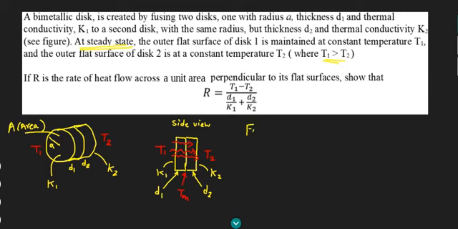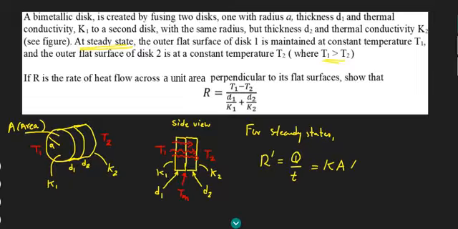For steady state situations, the heat conduction equation can be written as, let's say the rate of heat flow, let me call that R prime, equals heat divided by time, this lowercase t is for time, equals the thermal conductivity times the cross-sectional area times the temperature gradient.